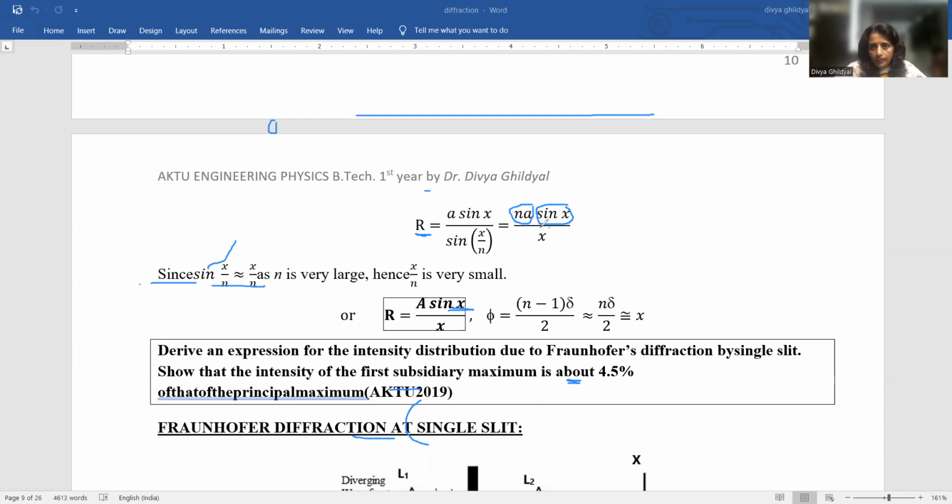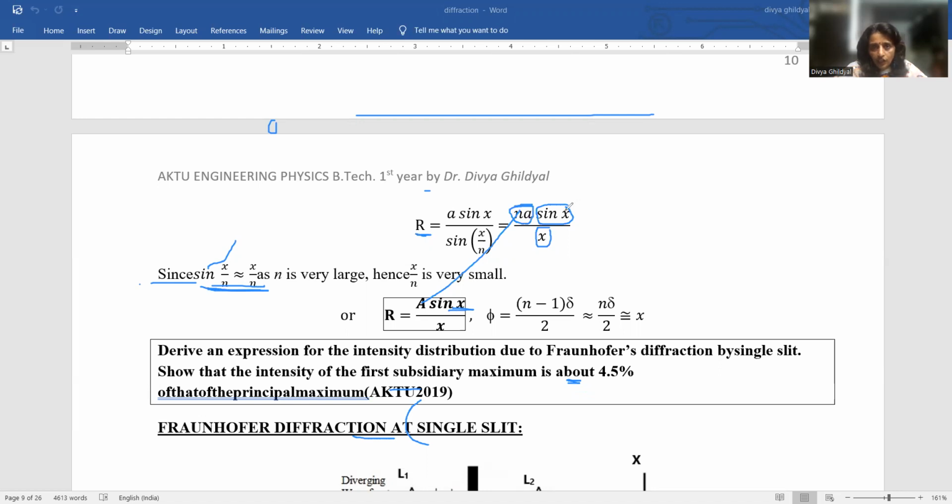Now, we will do a very small modification in this formula. nA, we will take as the resultant amplitude capital A due to n number of harmonic waves. And if theta is very small, then according to mathematics, I can take the approximation of sine theta as theta. This is from mathematics.